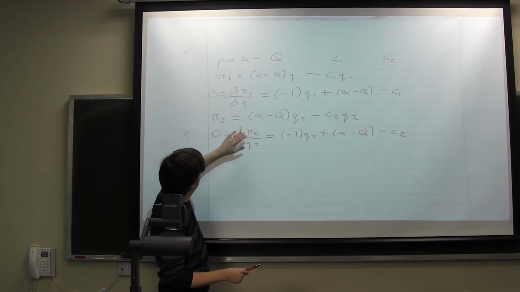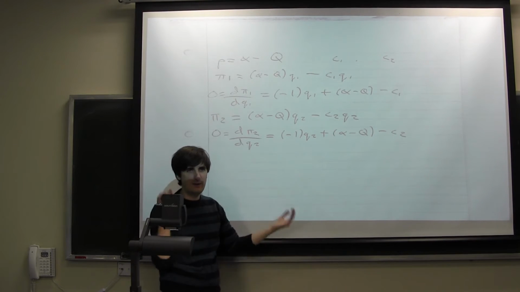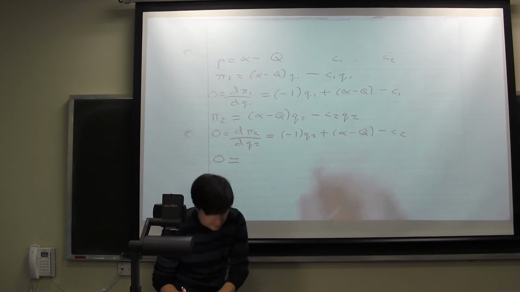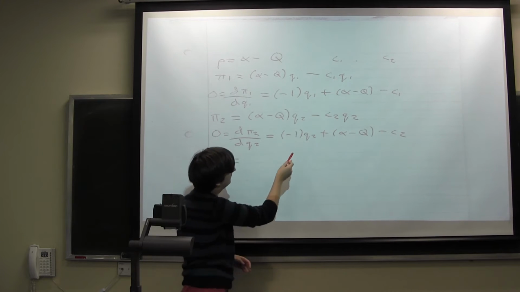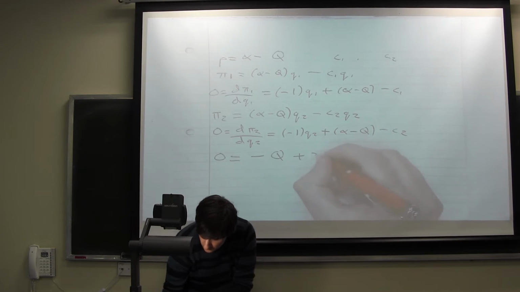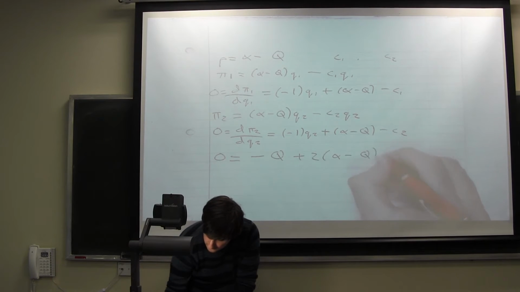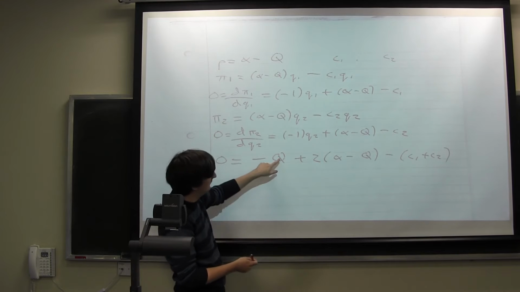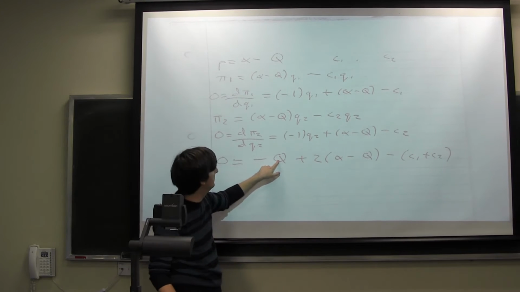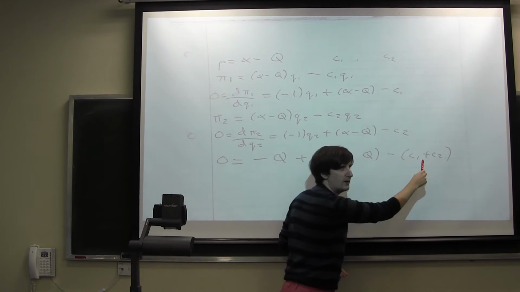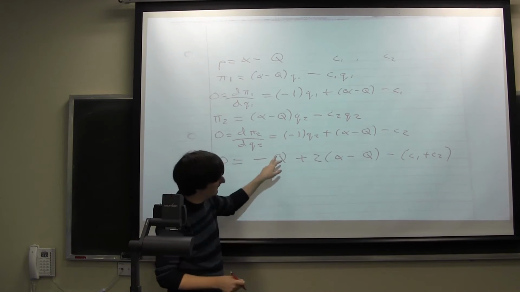So you have your 2 first order conditions. Next thing you do is you add them together. Okay, so naught is equal to, we've got minus q1 here, minus q2 there, so that's minus capital Q. And then we've got 2 copies of the alpha minus q bit, and then we've got minus c1 plus c2. So you always get an expression of the same form. You get the price coming back here, you get the sum of marginal costs coming in here.